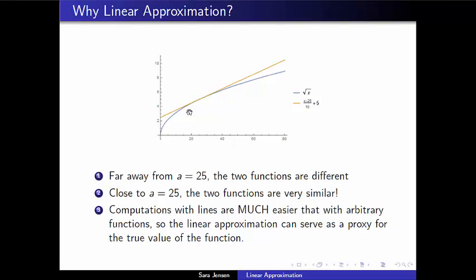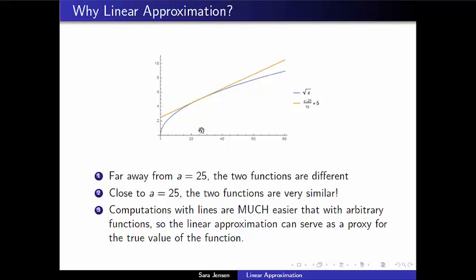So what we can do is if we want to figure out the value of, say, a complicated function at a particular point, and we're able to come up with a tangent line for that function somewhere near that point, we could use the value on the line as a proxy for the true value of the function.